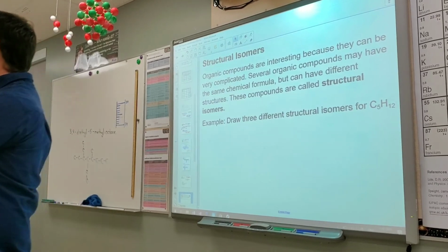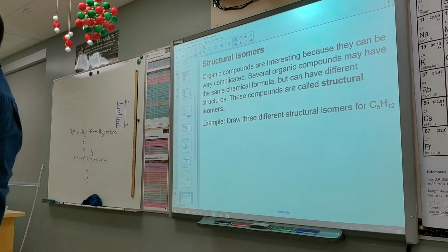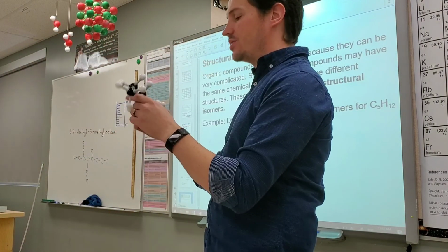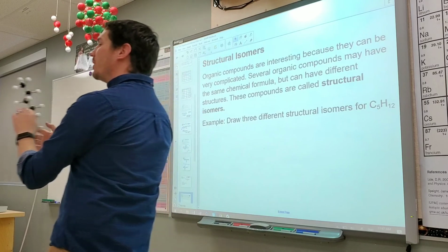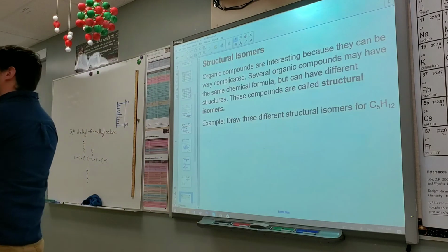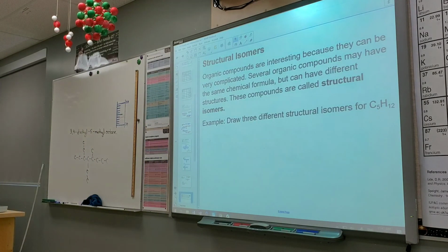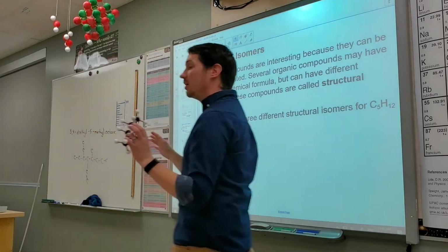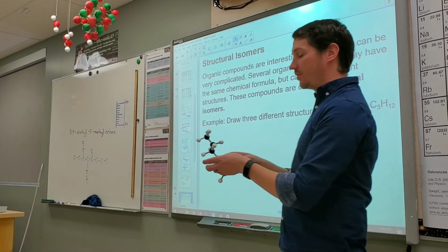Or was there still the same number of carbons and hydrogens? Yeah, there was still the same number of carbons and hydrogens, right? So what I want to bring to your attention is that is what we call a structural isomer. Iso means the same. So isomer means it's got the same formula, but structurally it's different.